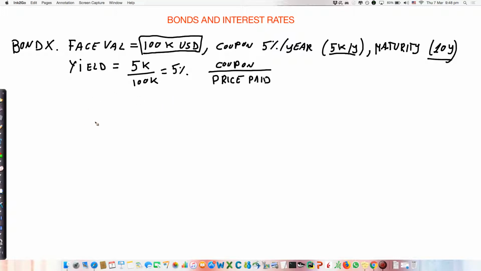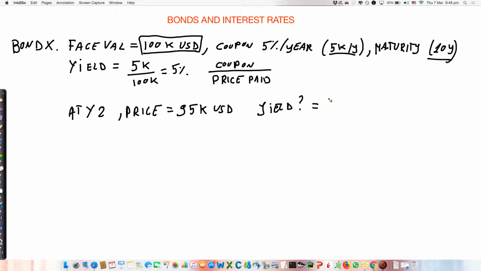Here is the thing. Let's say at year 2, after the bond has been issued, the price is 95k USD. What is the yield? Well, we still get 5% of the face value.